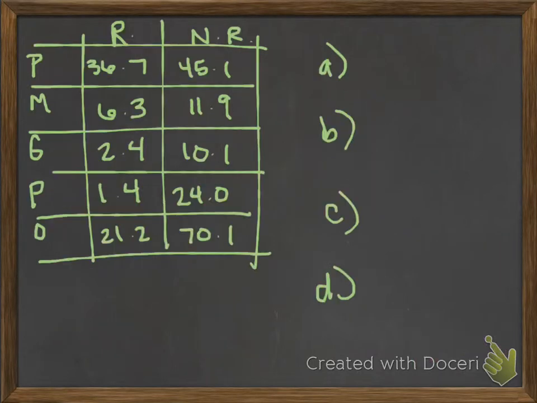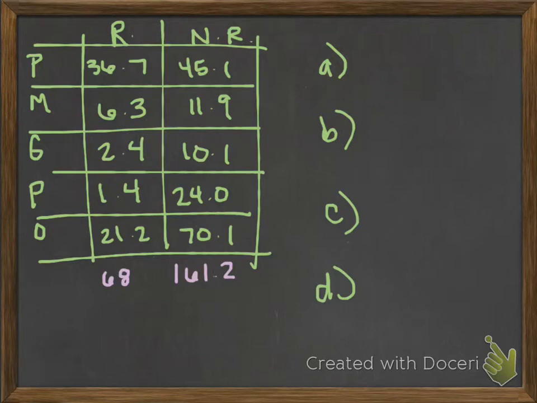Okay, so next example. Again, we're going to start with finding all the totals. So you need to find out how much total paper, metal, glass, plastic, and other, how many recycled, not recycled, and then the total. So the total for recycled is 68. The total for not recycled is 161.2.